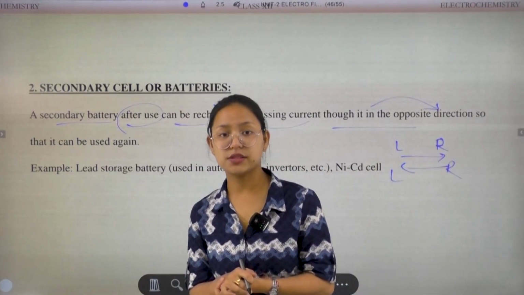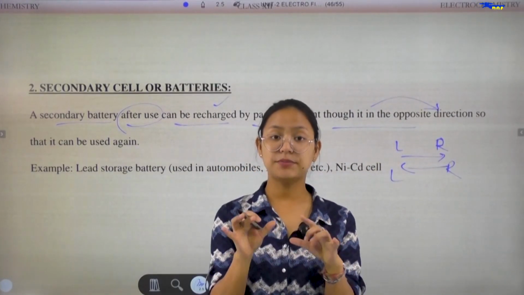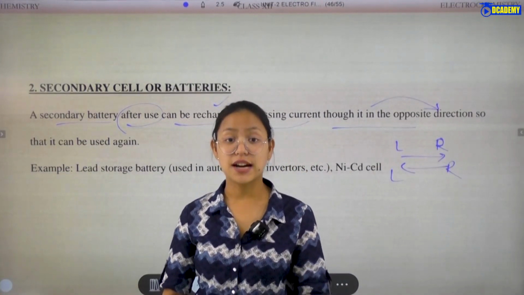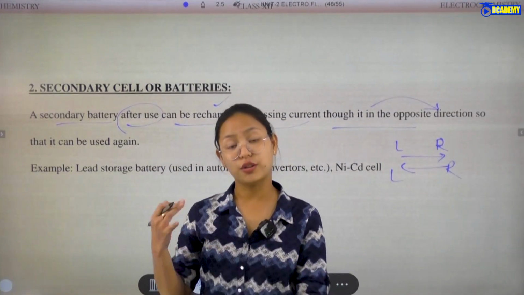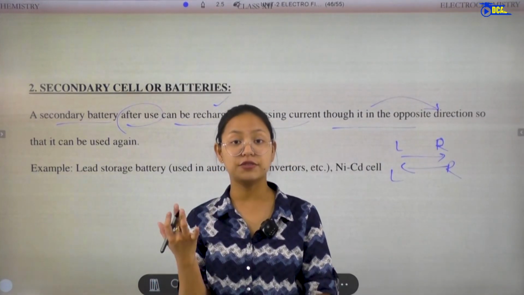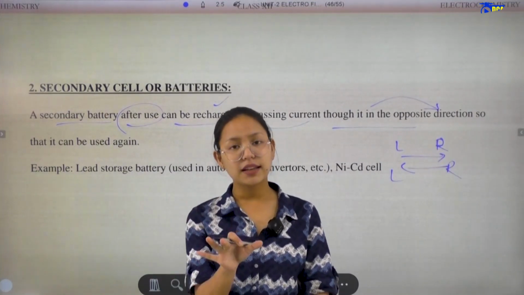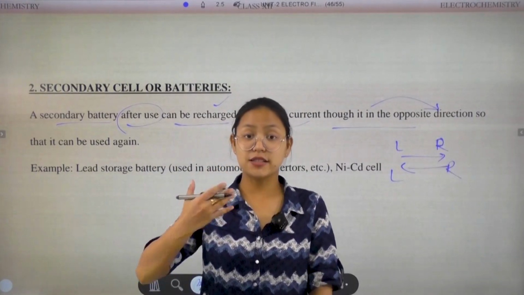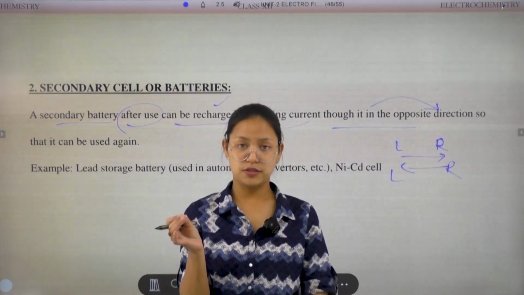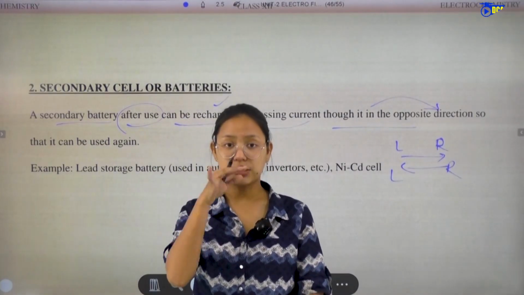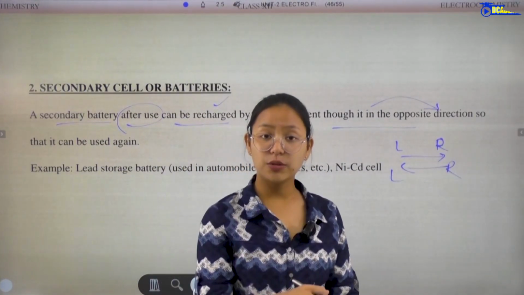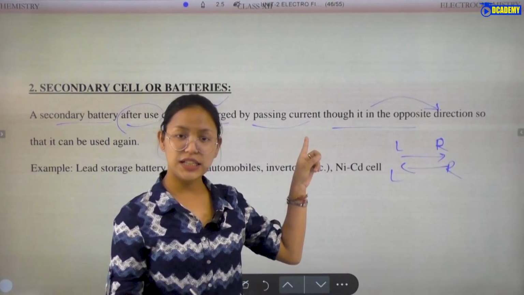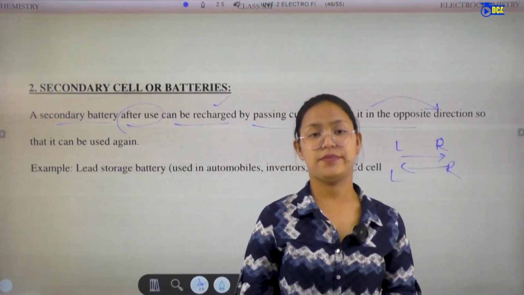You can also take the example of a phone: when the battery is used up, you recharge it and can make phone calls, messages, SMS and video calls again. If a secondary cell or battery is used up, it can be recharged, and the current passes in the opposite direction.